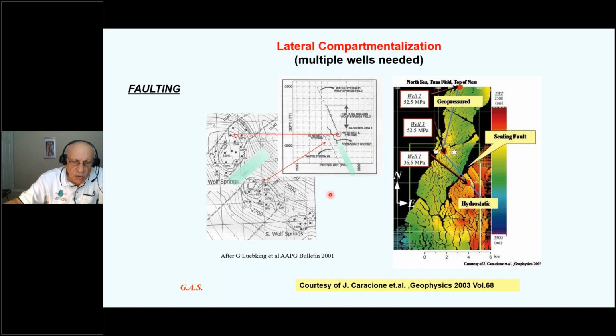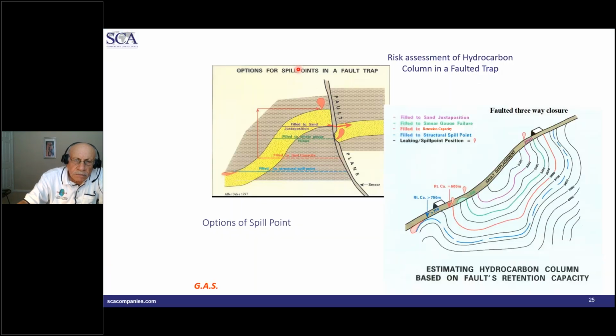So here is onshore as well, here in the US of A, and you see across the fault the pressure gradient is different, and therefore you have horizontal compartmentalization. You can call it lateral compartmentalization. So compartmentalization could be vertical or horizontal. Could be both, right?